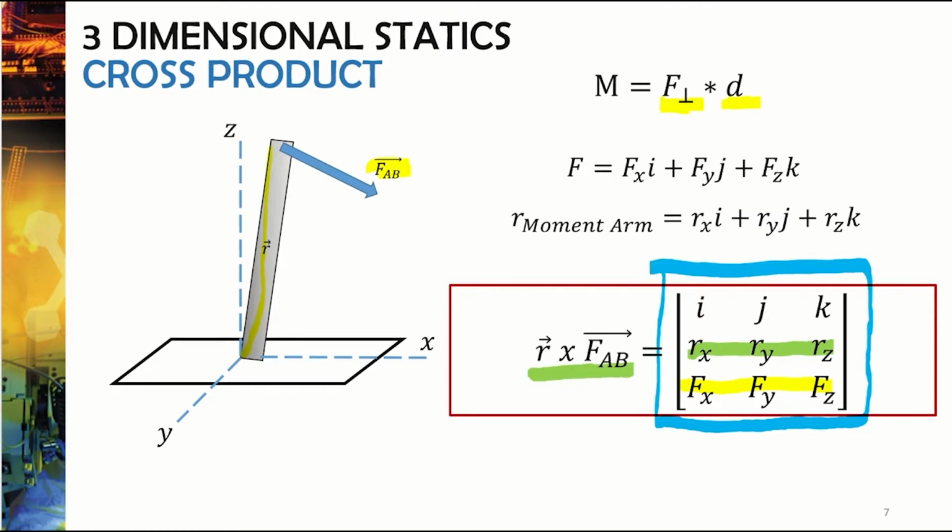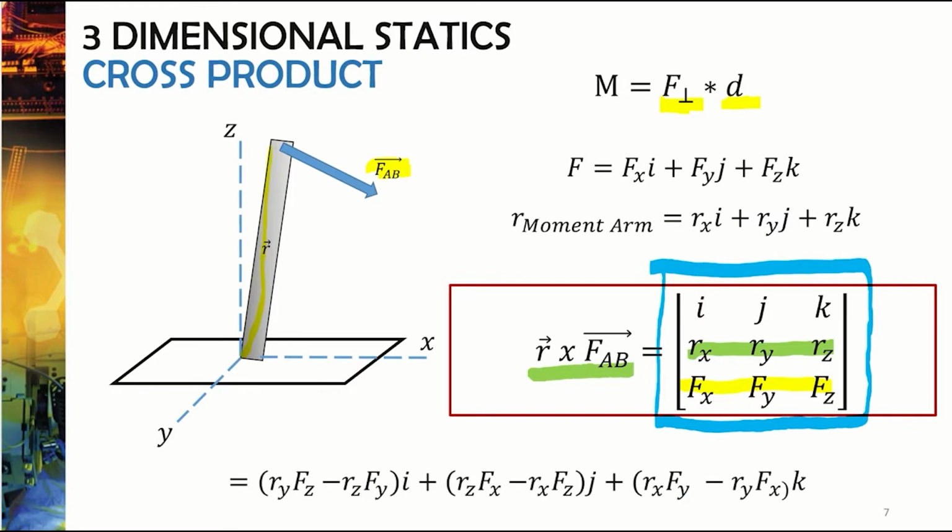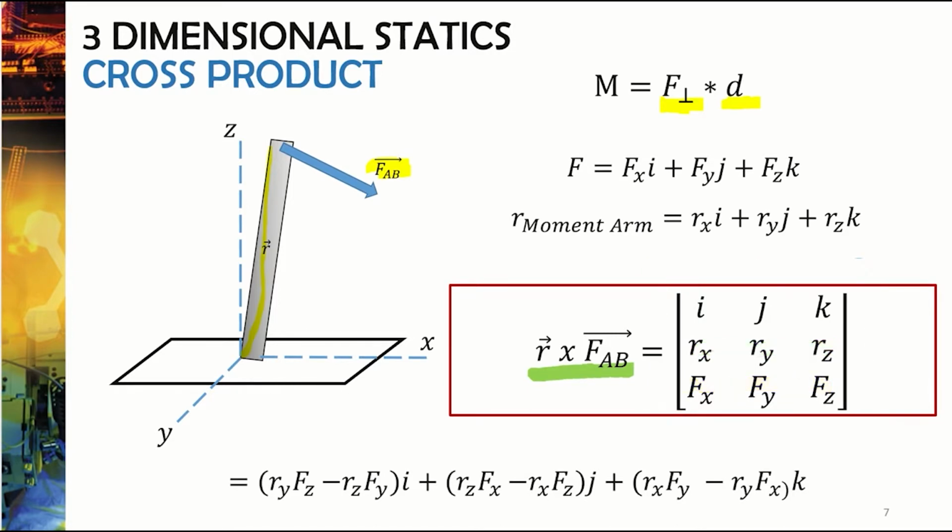So what happens in the cross product is that we get this. So what you can see happening, and let me erase what's going on for a second so it becomes more clear, is that when we have moments about the x-axis, that's going to be this section right here. Now where does this come from?